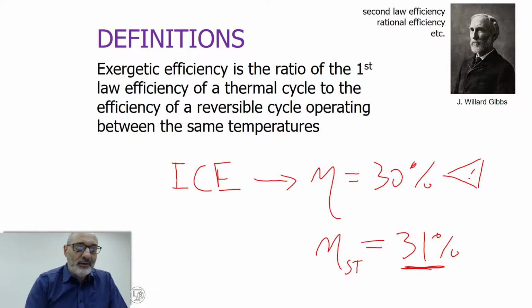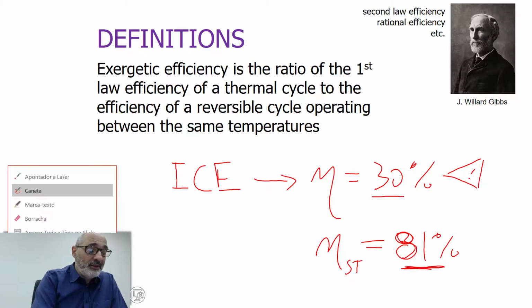But if instead of 31, a reversible engine between the same temperatures has 81% efficiency, then 30 is less than half of the efficiency. So it's not a very good result.